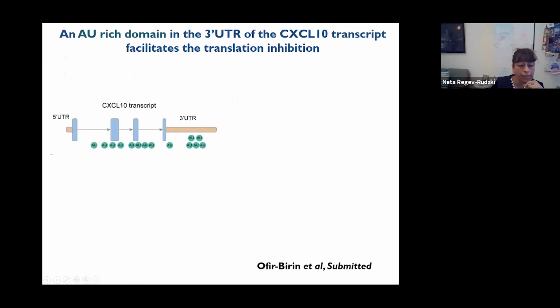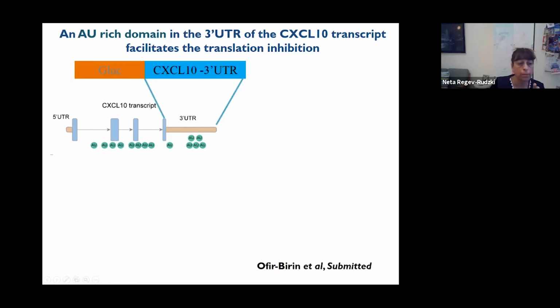So to examine if this region controls the translation inhibition and carries the information for it, we built this construct where we fuse this region to a reporter marker. The reporter marker is always expressed within monocytes unless there is something there that controls and reduces its translation. And this is what we found. For the fusion protein, we could see a complete depletion of the reporter protein. So there was no translation for this construct.